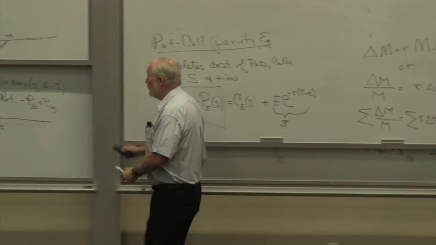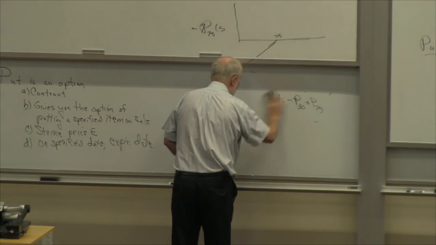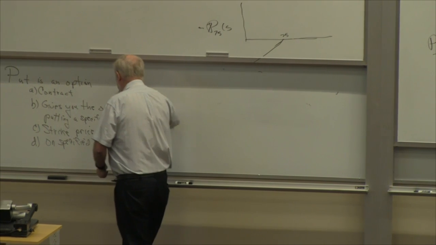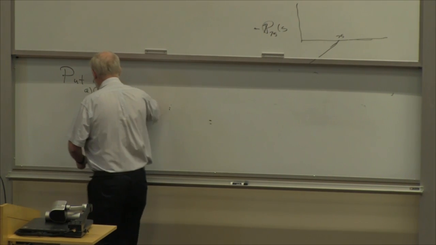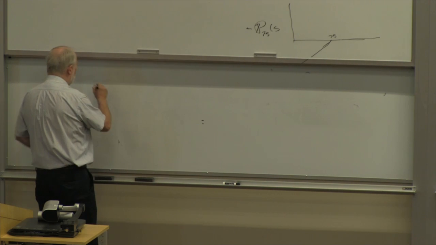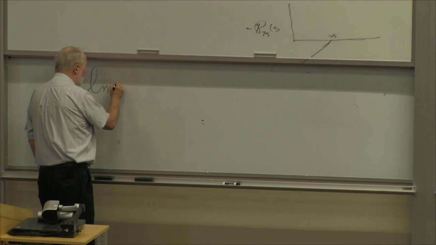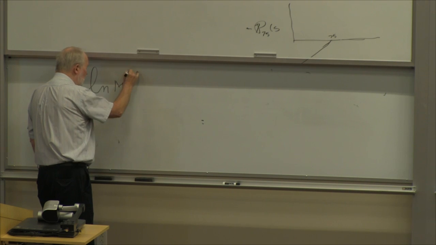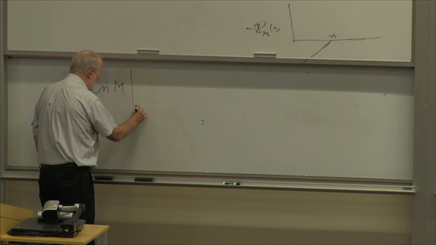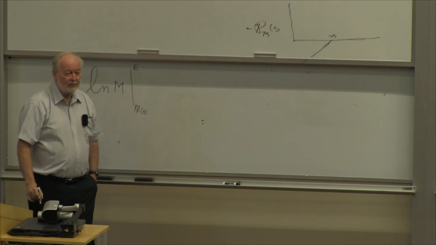And so what we end up with then is that the integral is going to be the natural log of m evaluated between the amount of money I have today and E dollars a little later on.